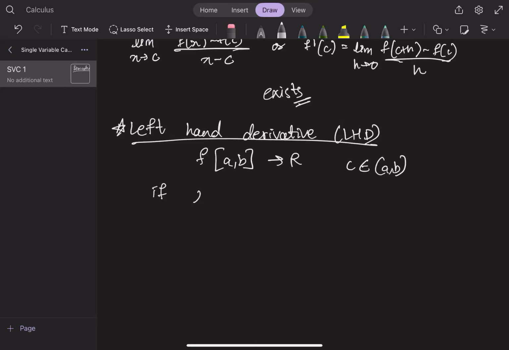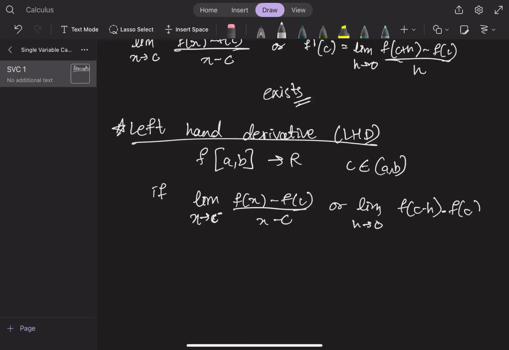So if limit of x tends to c minus, that is something very slightly smaller than c, f(x) minus f(c) divided by x minus c, or limit h tends to 0, f of c minus h minus f of c divided by minus h exists, then you can say LHD exists at c.